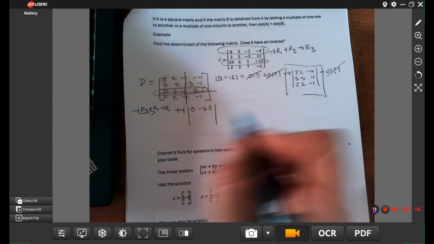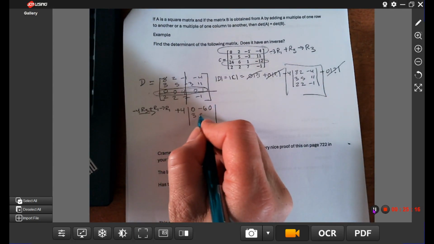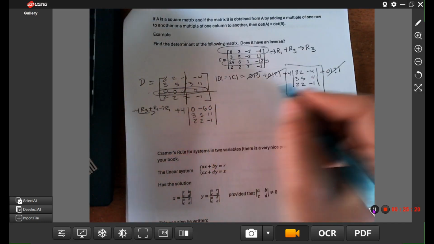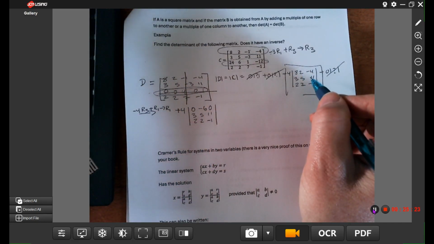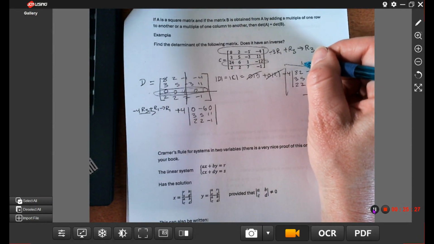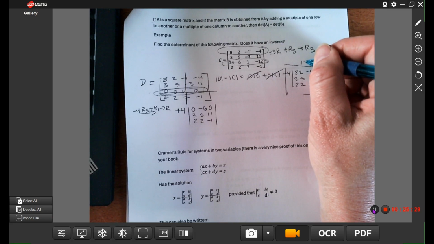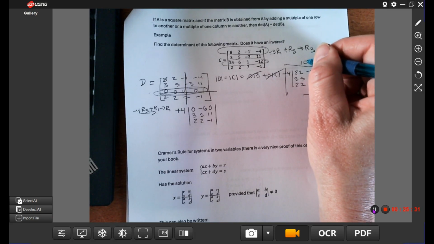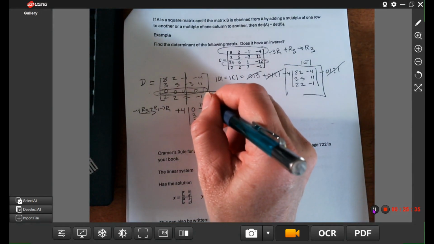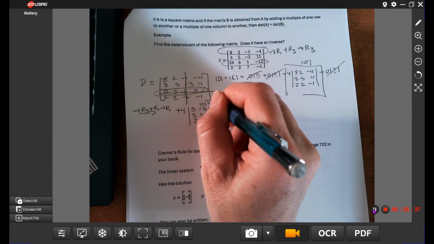And we didn't change any other entries. So if this we call matrix, I'm up to E, I think, then this would be matrix F, which is equivalent to matrix D.